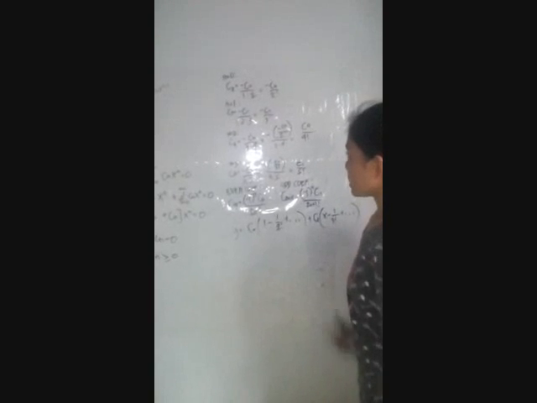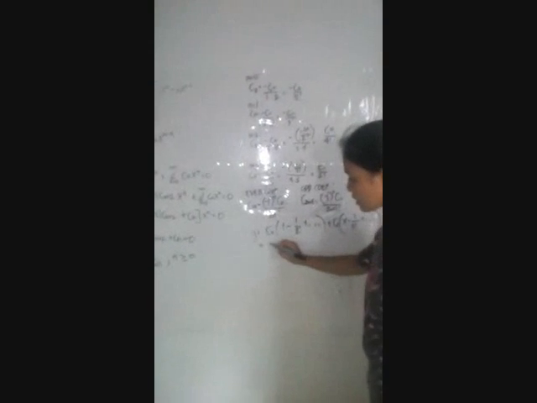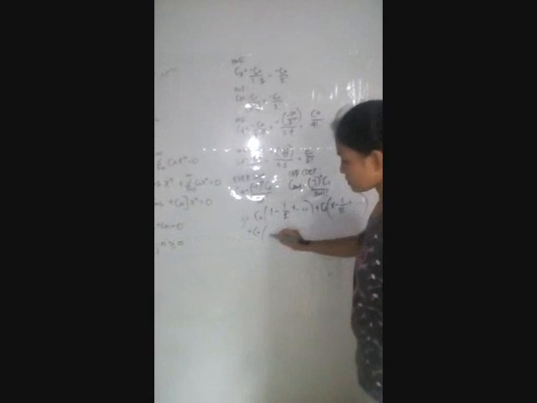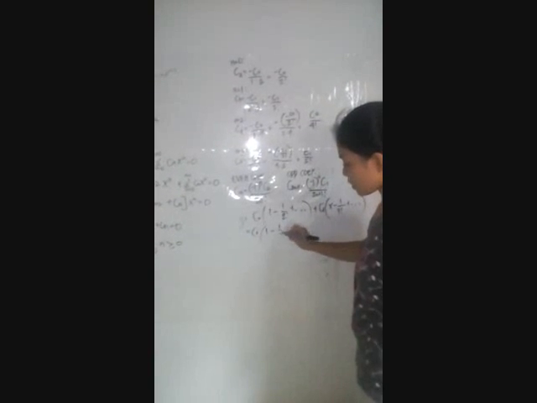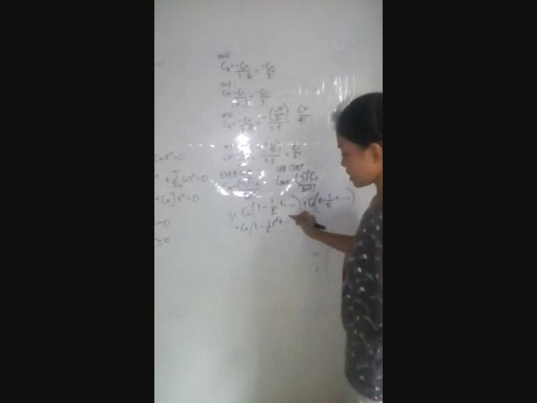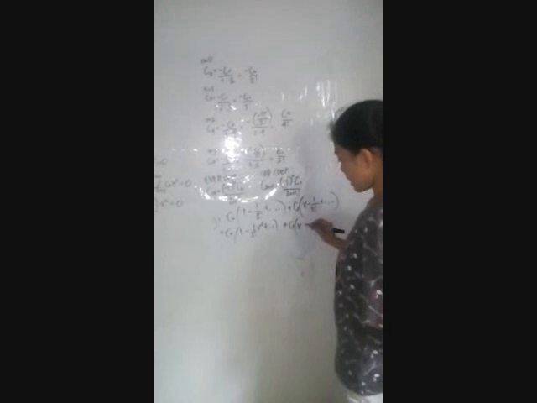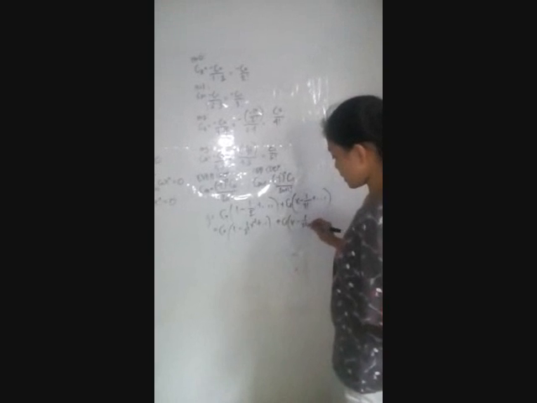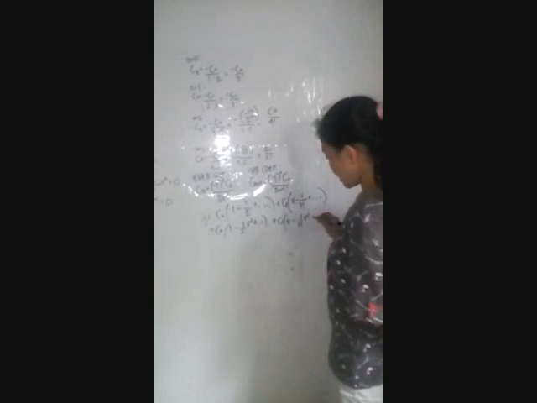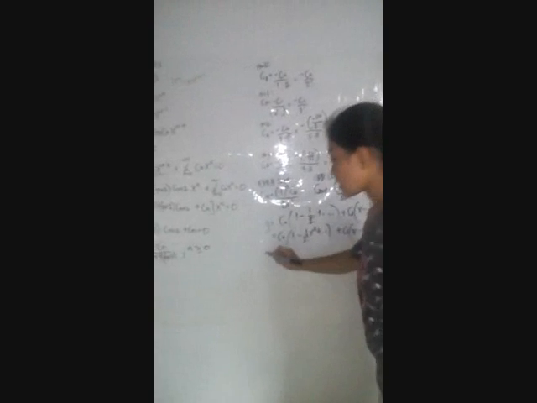Now here, because we have our index starting from n is equal to 0, our y is equal to c_0 (1 minus 1 over 2 factorial x squared plus infinity) plus c_1 (x minus 1 over 3 factorial x cubed plus infinity).